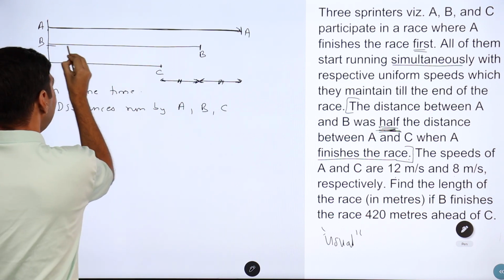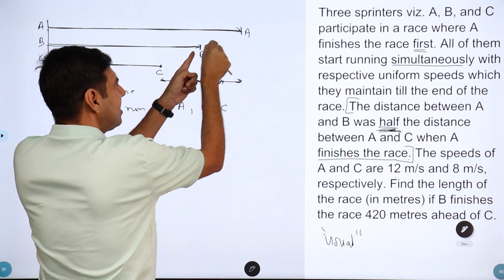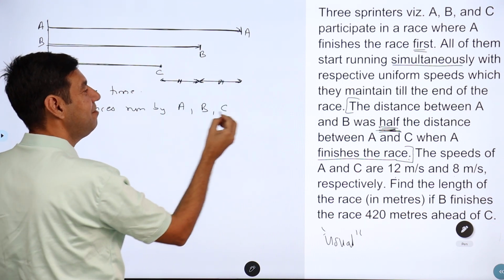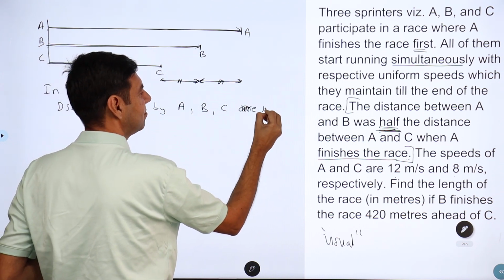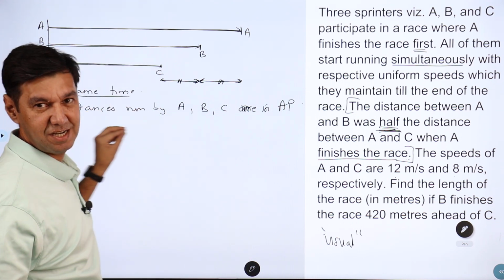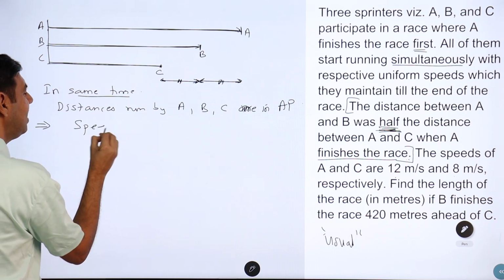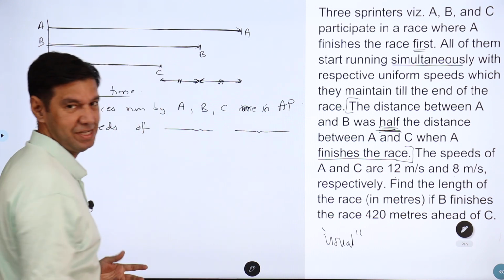So if I look at the full distances that they have run, and I know that this is less by a certain quantity, and this is less by the same quantity, means what? They are in AP. That's it. And since time is the same, for the same distances run, what that means is the speeds of A, B, C are also in an AP.